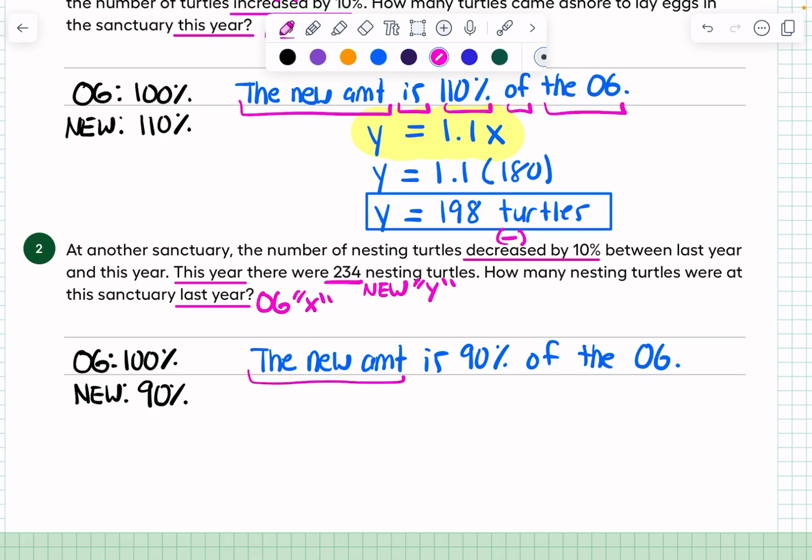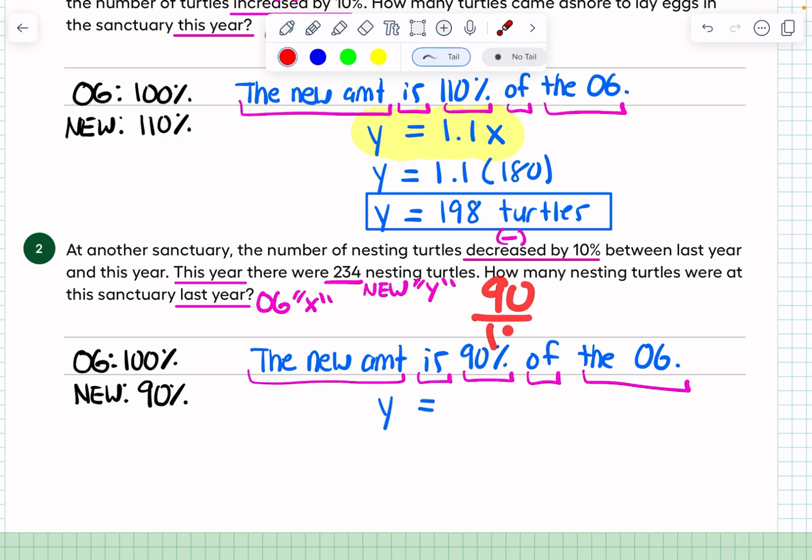So again, we're going to break this out: Y equals 90% as a decimal. Again, you put 90 divided by 100 to get the decimal. You would have 0.9 times X.